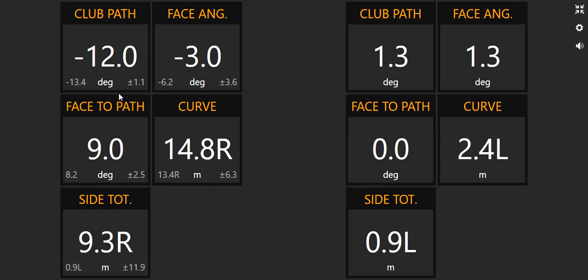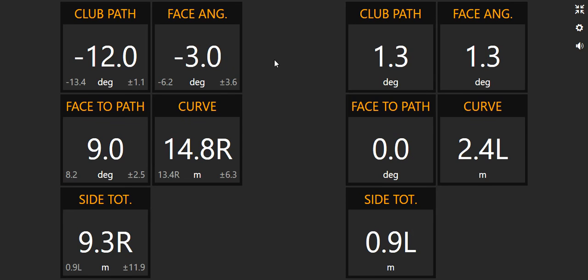But most people, you find, especially when you get a path of minus 12 and you start hitting that little slice shot, curving off to the right, there's going to be the odd time where you square the face up, often with your hands, because of what you do with your body and your face orientation in your swing.